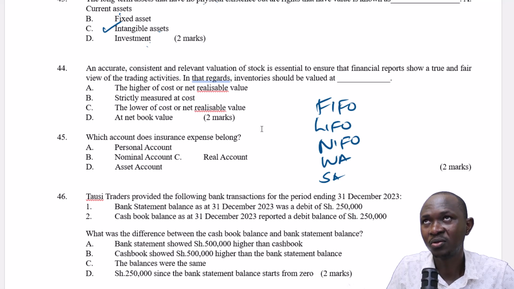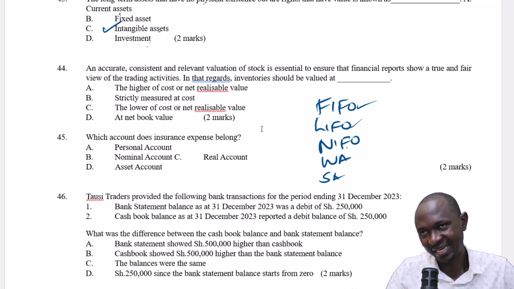Most of these methods value the stock according to the value at which the stock has come in. Like FIFO, the value of the stock, LIFO, the value of the stock, NIFO, the value of the next incoming stock.